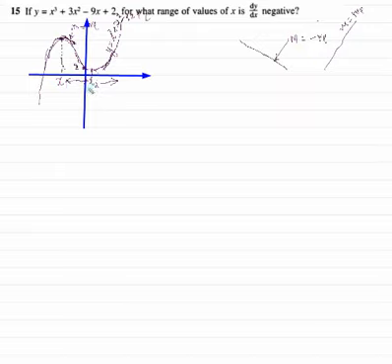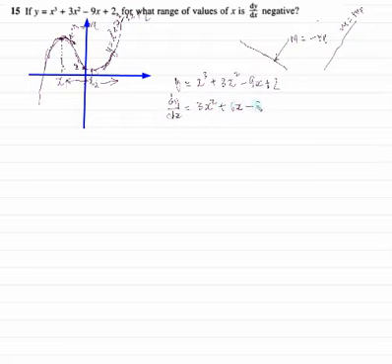So first you have to find dy/dx. We have y equals x cubed plus 3x squared minus 9x plus 2. To find the gradient function, dy/dx equals 3x squared plus 6x minus 9. So this is the gradient function.